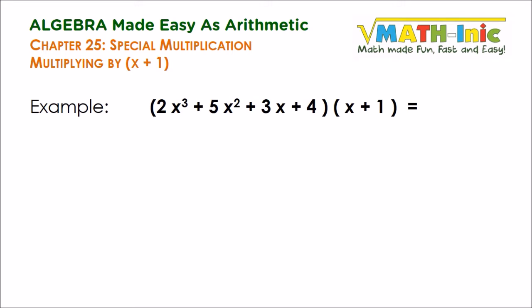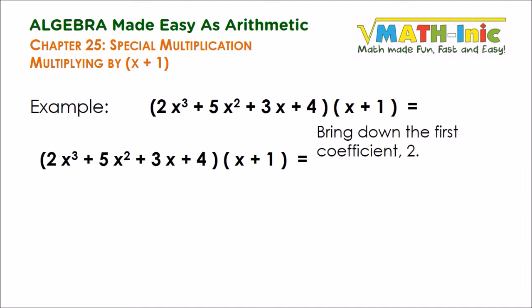We can also multiply longer polynomials by x plus 1 in the same manner that we can multiply longer numbers by 11. Example, 2x cubed plus 5x squared plus 3x plus 4 times x plus 1. We bring down the first coefficient, 2, increasing the exponent of x by 1, so now it's 2x to the fourth.